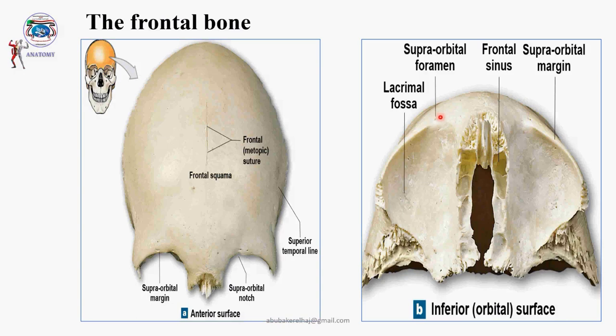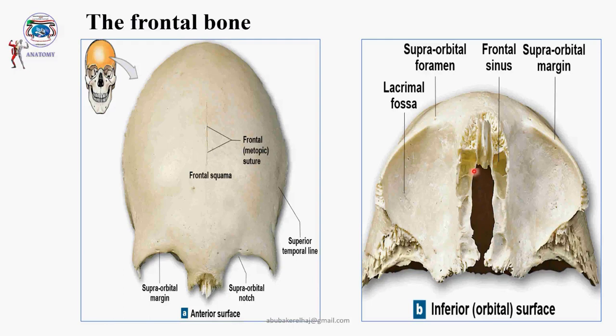Also you see here the supraorbital notch, responsible for the transmission of the supraorbital nerves and vessels, okay. In the median plane along the projections, these are the frontal sinuses posteriorly, and anteriorly it gives the articulation with the nasal bone at the frontonasal suture, okay.